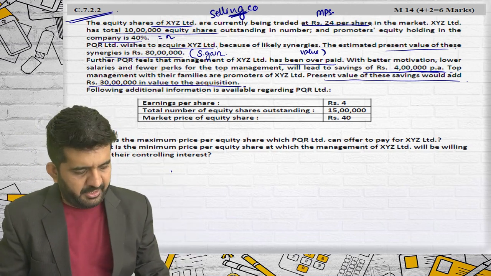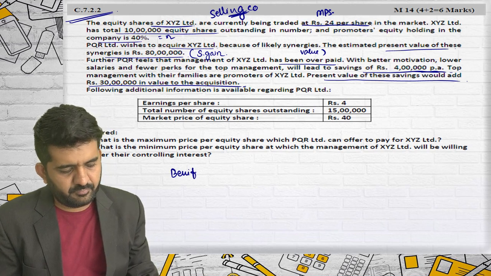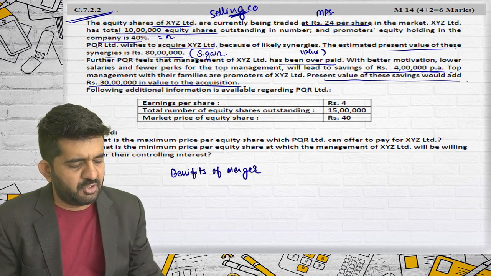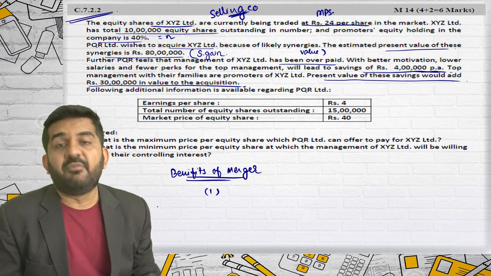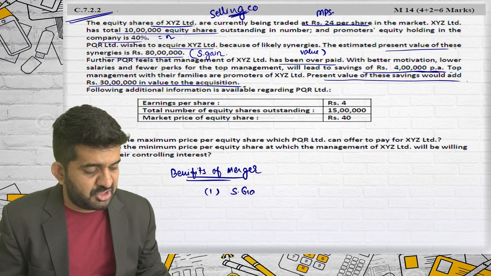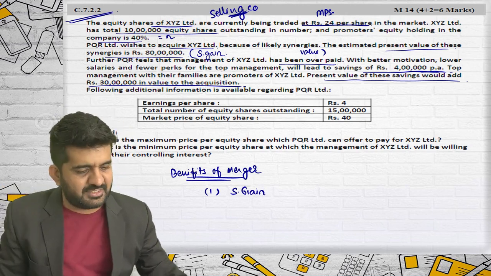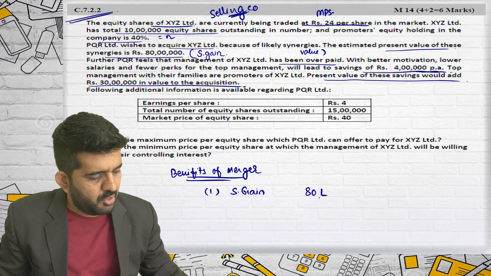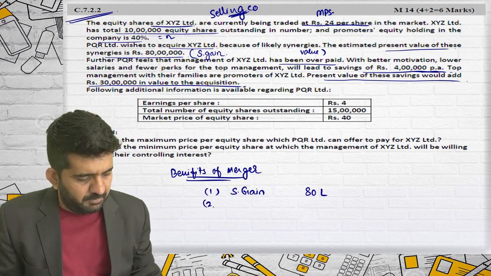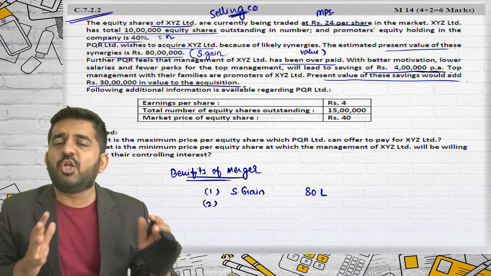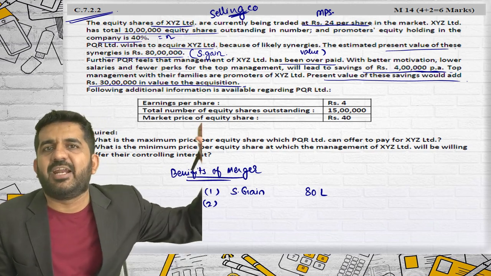Try to concentrate. What are the benefits of merger in terms of value? Number one, there is a synergic gain, not in terms of earnings. The present value of that synergic gain is already found to be 80 lakh. Number two, now you will be taking over XYZ Limited and the owners of XYZ Limited were in high posts.